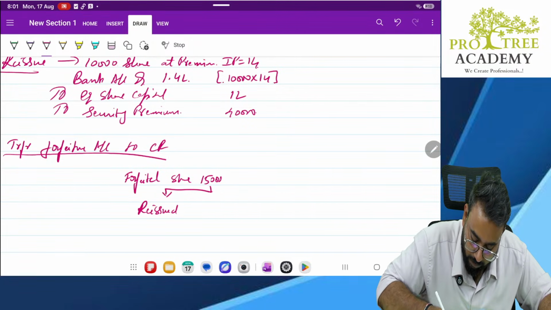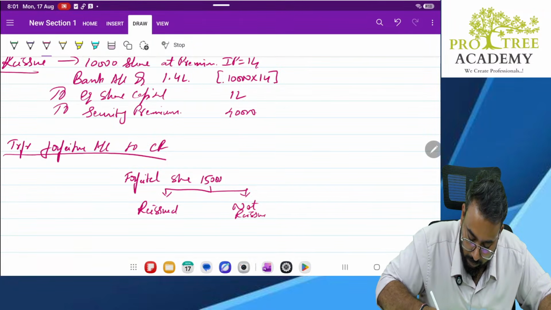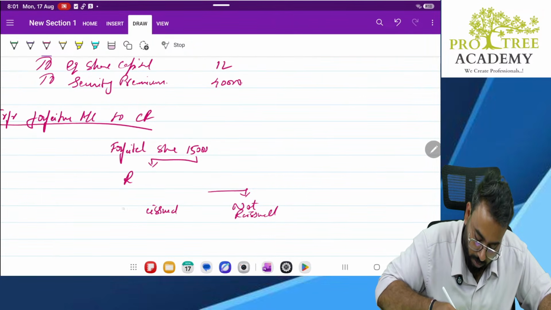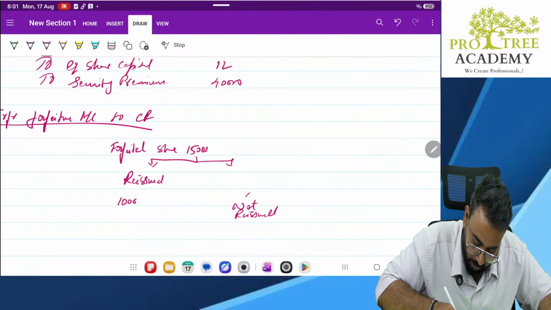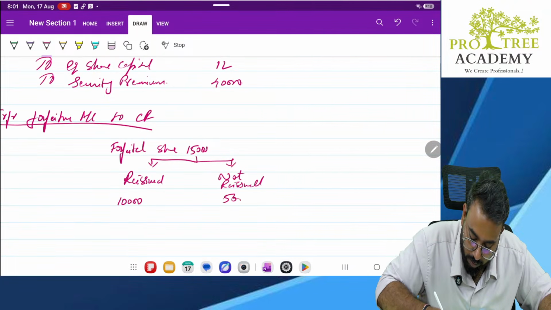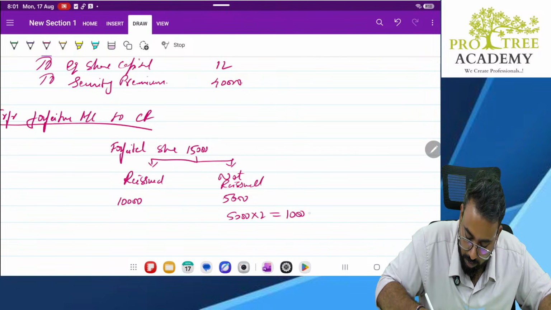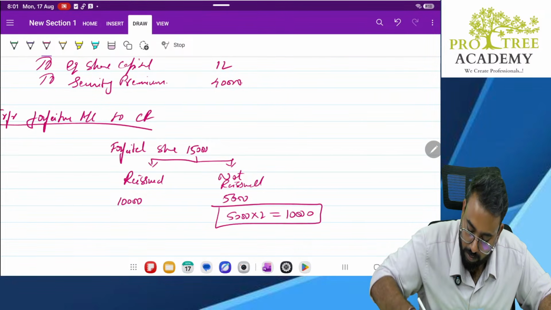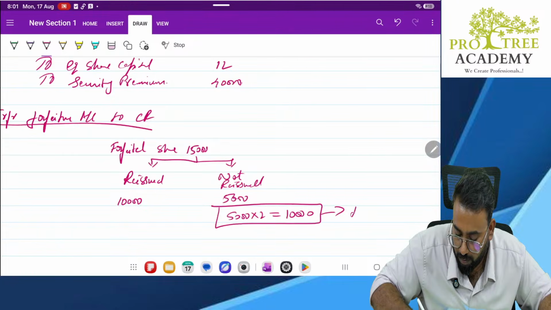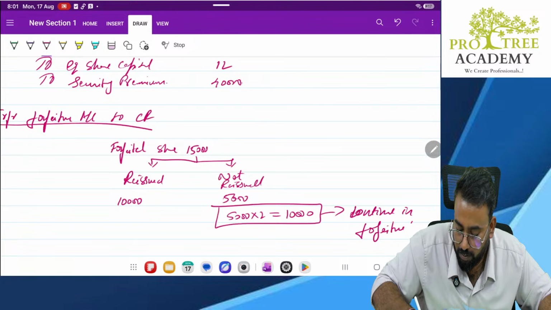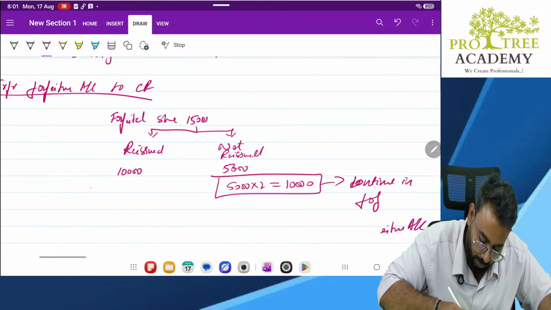Reissued, not reissued. How much is reissued? 10,000. How much is not reissued? 5,000. What is the forfeited amount? 5,000 into 2, so 10,000 continues in forfeiture account. Correct?